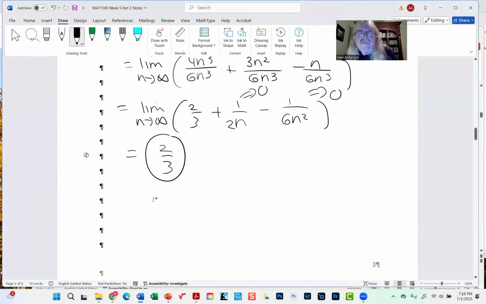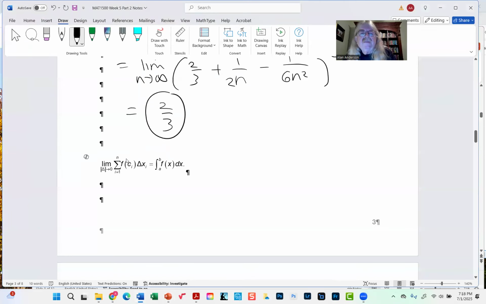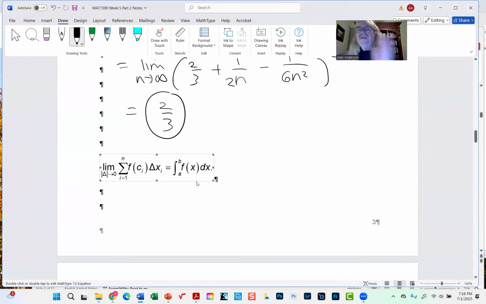Given some curve that we're interested in studying and some partition that we've chosen, in other words, some way of breaking up the interval into rectangles, the limit as the norm goes to zero, which is the same as saying that n goes to infinity, is going to give us our definite integral, as we just saw a few minutes ago when we solved for it and got 2/3. And if you notice, the notation is a little bit different.